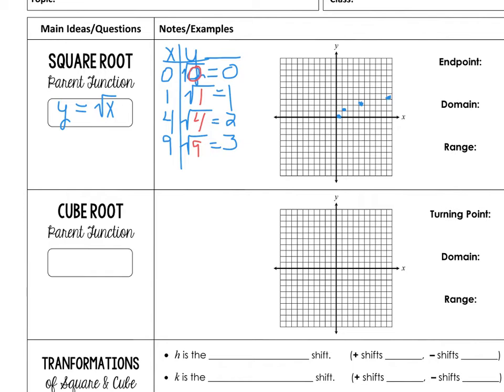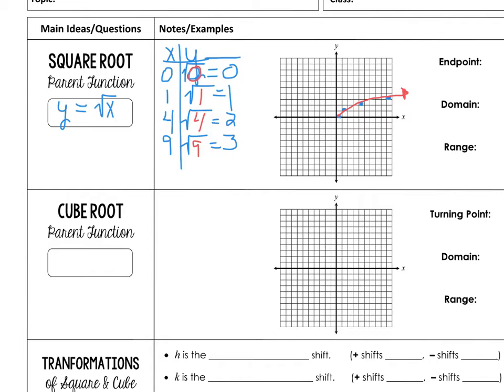So my points are a little off with my cursor that I'm using, but yeah, you get the idea. So then I'm going to connect these points into a curve. If you connect them with a straight line, you'll be wrong. So that is the graph of the square root of x.